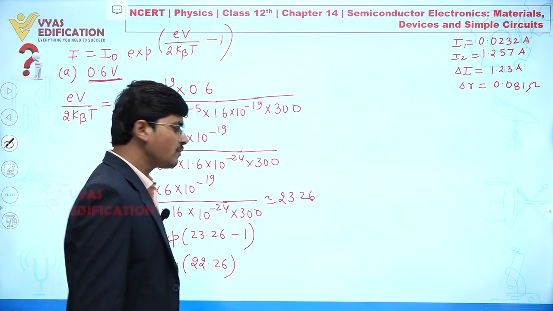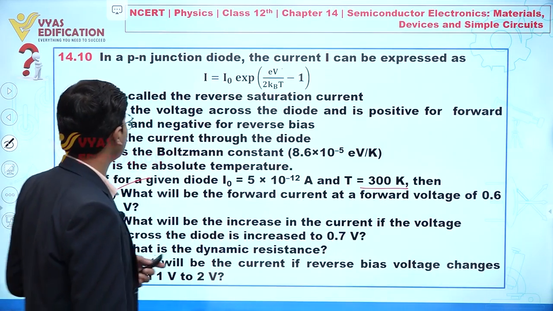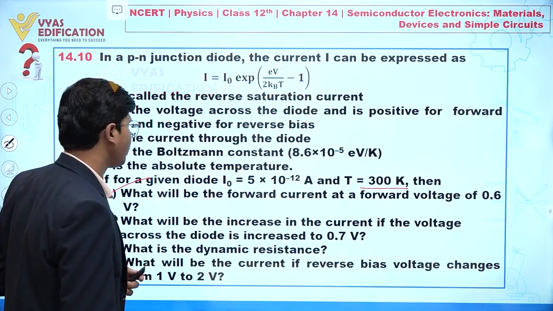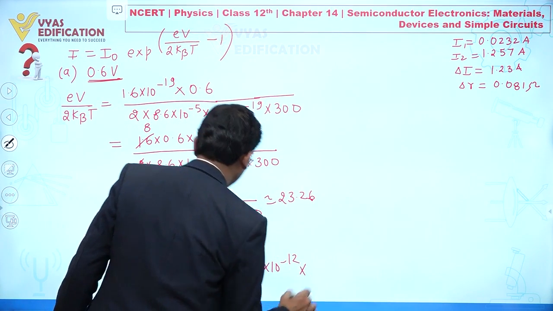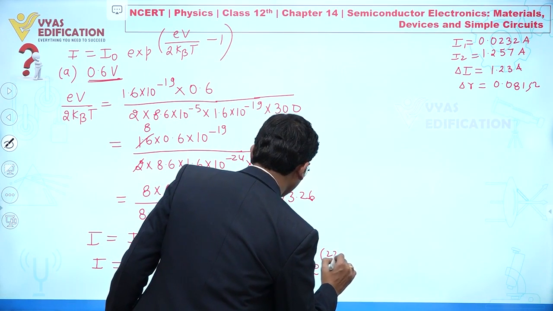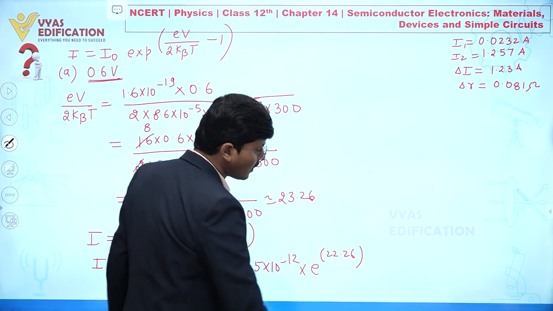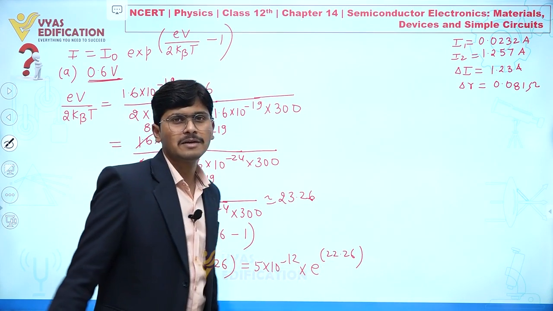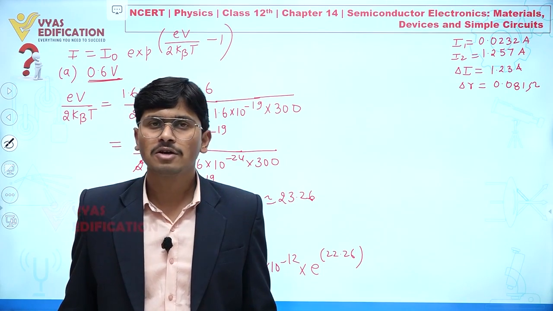Now what is the value of I naught? I naught is the saturation current, and saturation current is given as 5 into 10 to the power minus 12 ampere. So 5 into 10 to the power minus 12 multiplied by e to the power 22.26. Now to find the value of e to the power 22.26, you have to use a calculator, or it will be given to you in the question also.